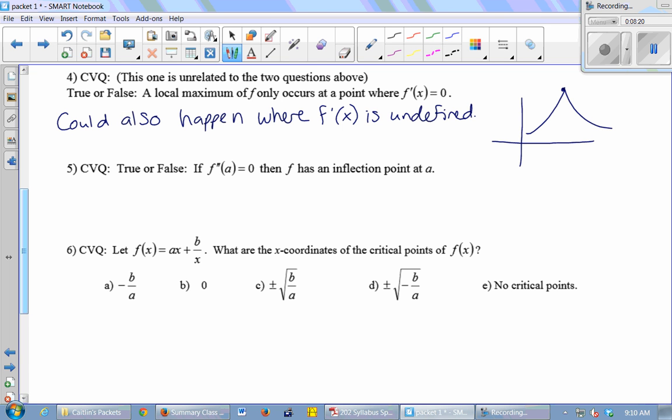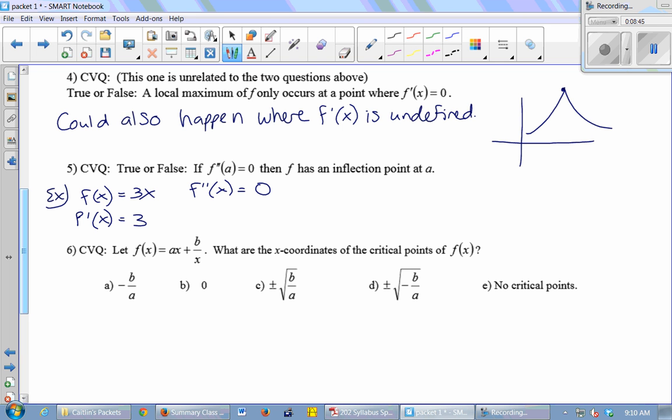So for example, if f of x equals 3x, f prime would be 3, and f double prime would be 0. So that means that f double prime is 0 everywhere.